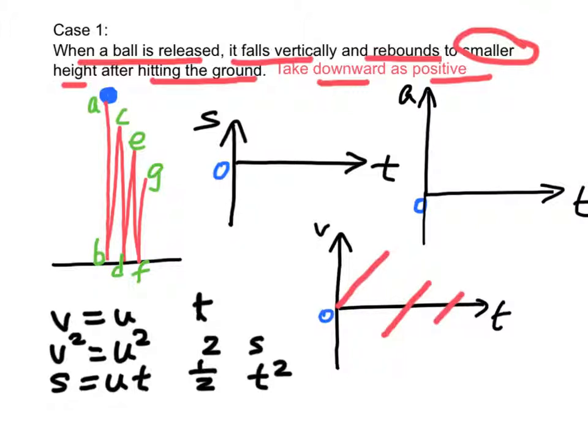The slope of these straight lines will be the same, which represents the acceleration due to gravity g. The positions of the ball are A, B, C, D, E, F.